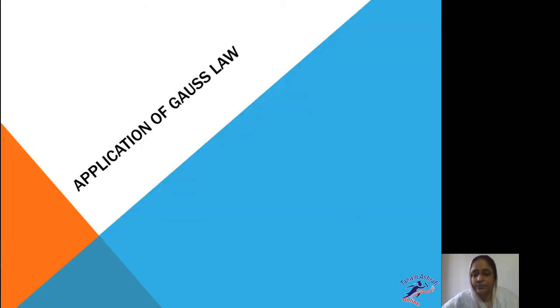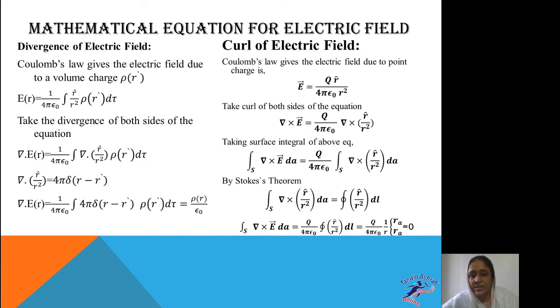Since the starting point and ending point are the same, it's a closed path integration. Therefore the starting point RA is equal to the ending point RA, and the result 1 upon r is 1 upon RA minus 1 upon RA. Both 1 upon RA cancel out with the minus, and we get 0.